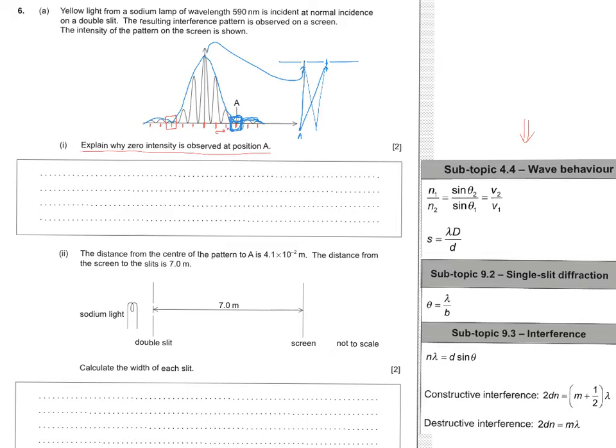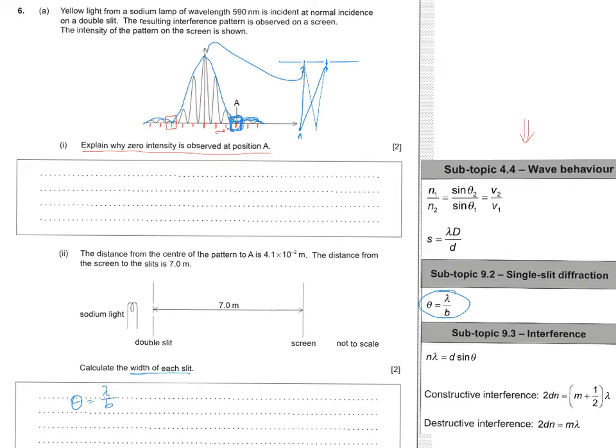All right? Now, the next question is to calculate the width of each slit. Okay, now to calculate the width of the slit is talking about single slit diffraction. We only have one single slit diffraction equation here, that's this one. So we should be going theta equals wavelength over b, right?